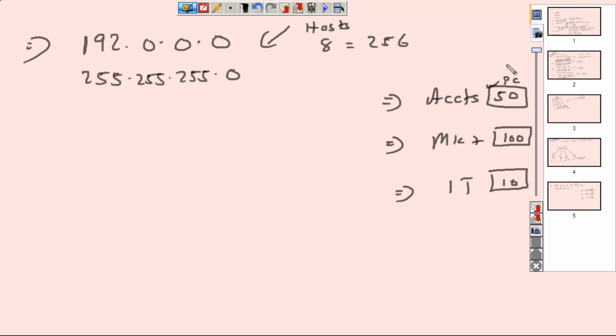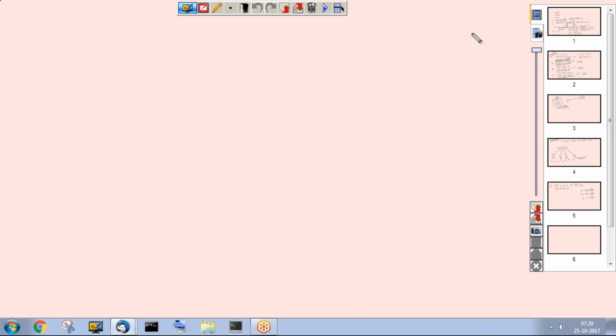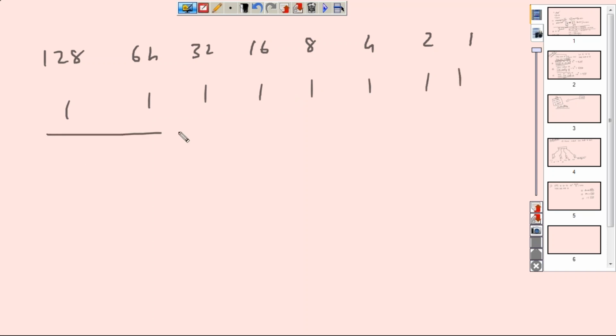Let's go ahead and set up our conversion chart here. Let's say 1, 2, 4, 8, 16, 32, 64, 128. 8 bits, right? So what I have now is 8 bits: 1, 2, 3, 4, 5, 6, 7, 8.